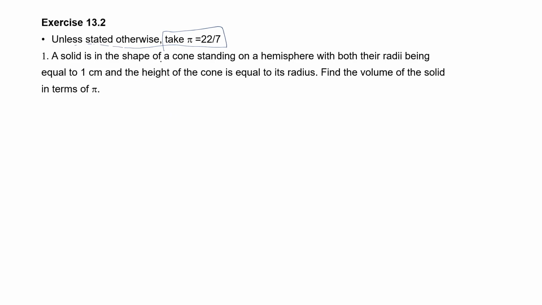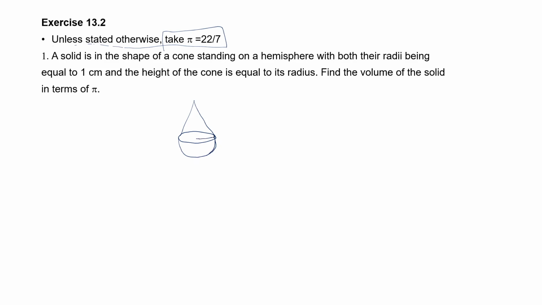A solid is in the shape of a cone standing on a hemisphere with both their radii being equal to 1 centimeter. One solid is there, in the shape of a cone standing on a hemisphere. That means it is above the hemisphere like this, with both their radii being equal to 1.